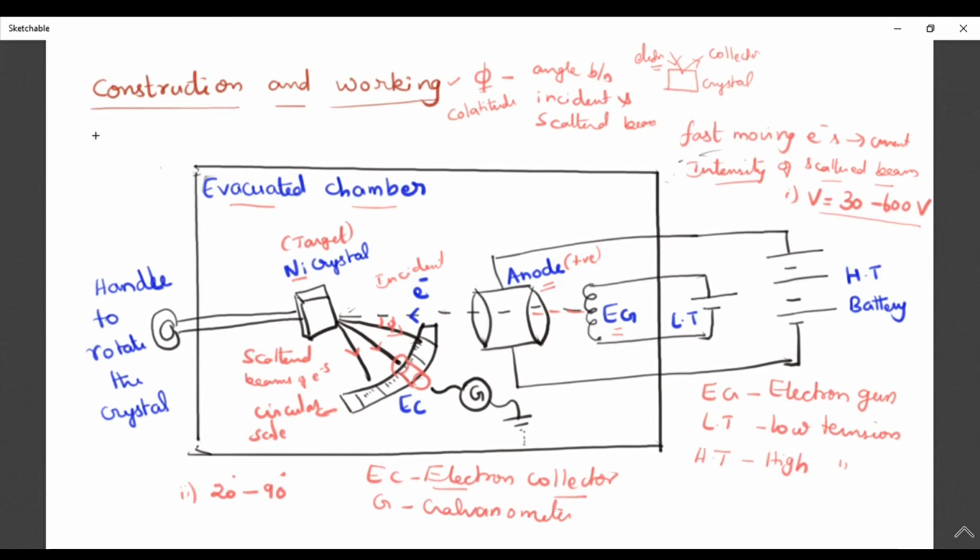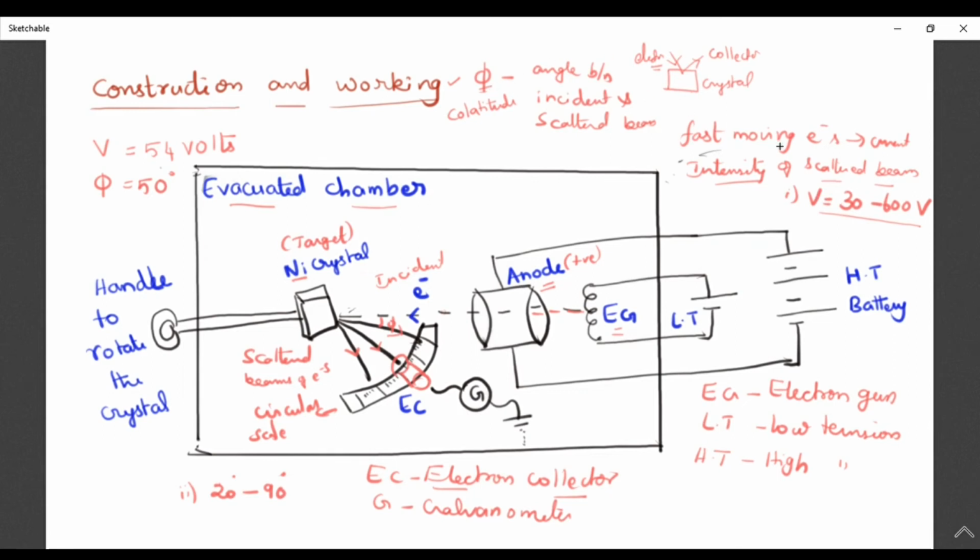One is V is equal to 54 volts, the voltage is equal to 54 volts, and the angle phi is equal to 50°. During this voltage, they are getting a sharp curve in the graph. So they keep on changing the accelerating potential and measuring the phi value and the current value.